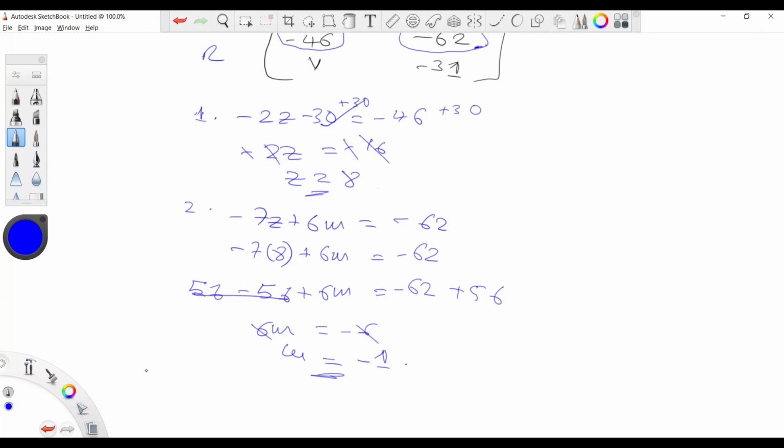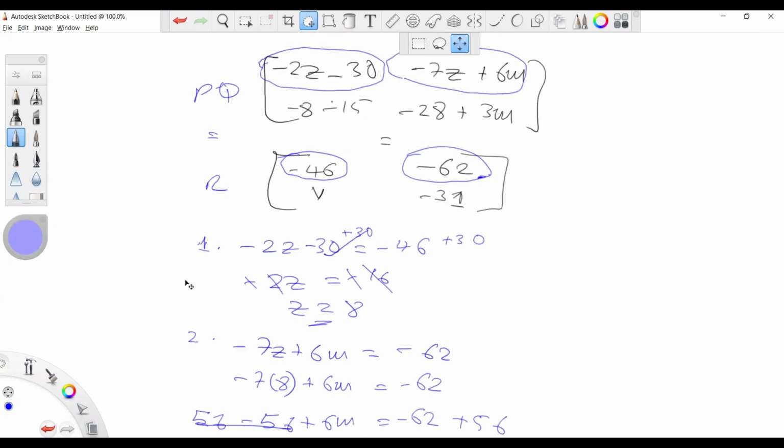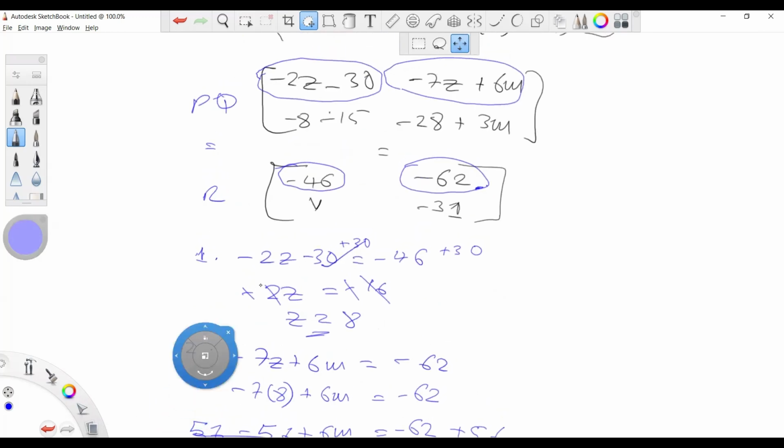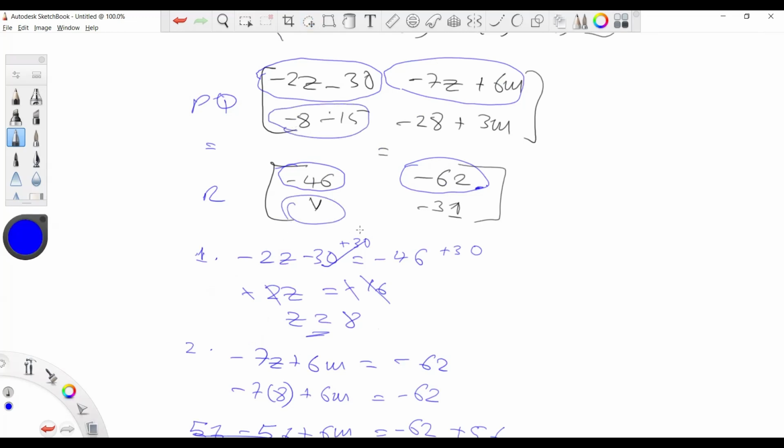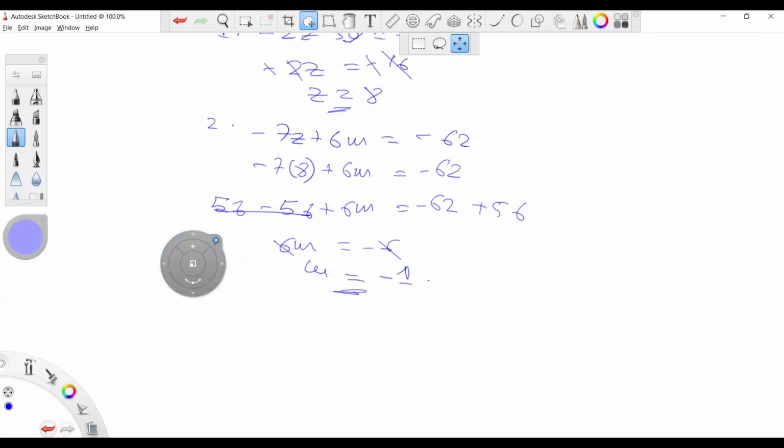Let's just scroll up a little bit to see what we've got here. Similarly, this value should be equal to V, because for PQ, the second row, the first element is -8 minus 15, which is -23. It should be equal to V, because V is the first element of the second row here as well. So they have to be equal. So this one is simple.